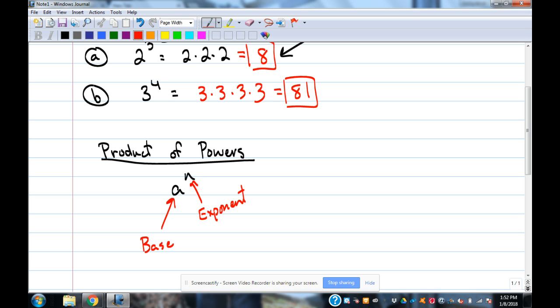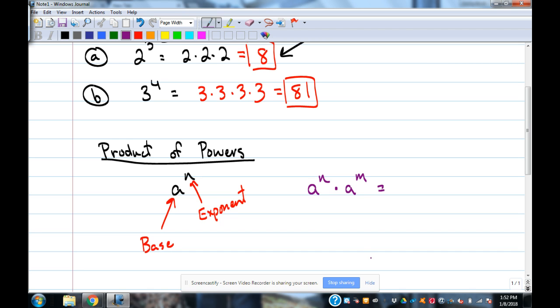Okay, it's important to recognize what the base is, because it is what allows you to do some of these properties. Okay, if the bases aren't the same, you can't follow the rules that are there. If the bases are the same, then there's some other things that can happen. Okay, so a product of powers would be something like this: a to the nth power times a to the nth power.